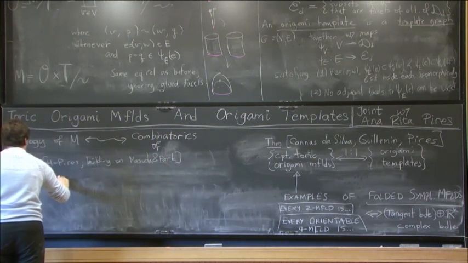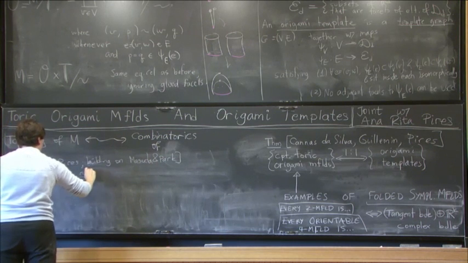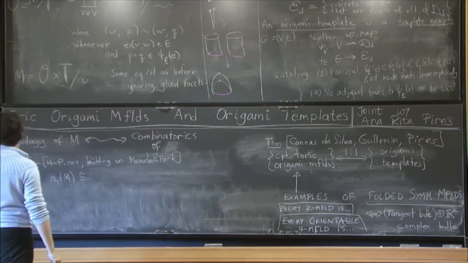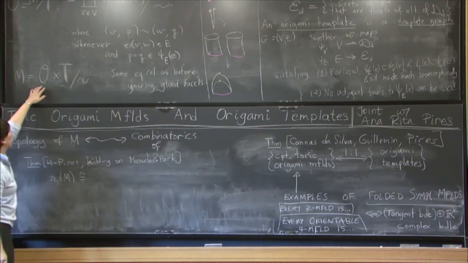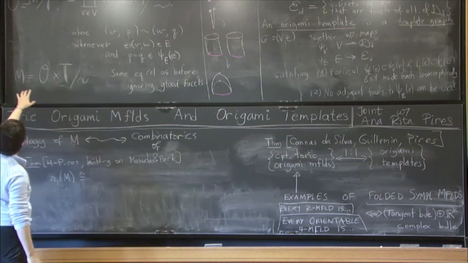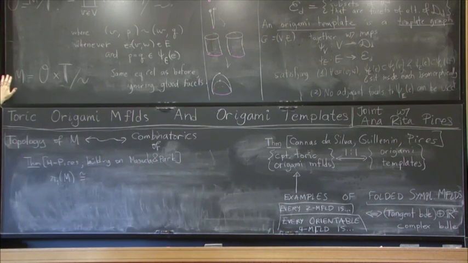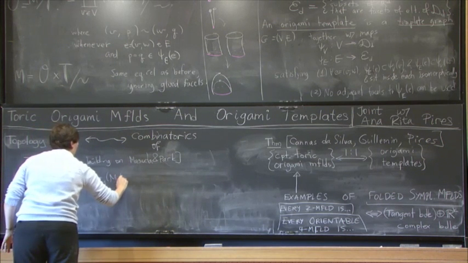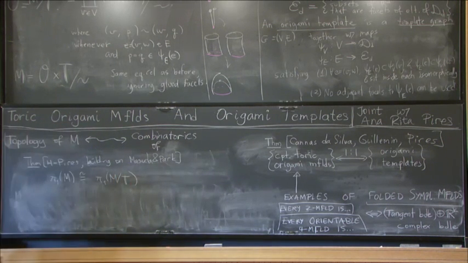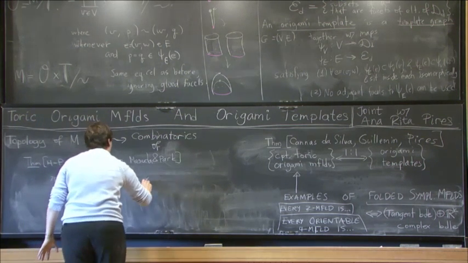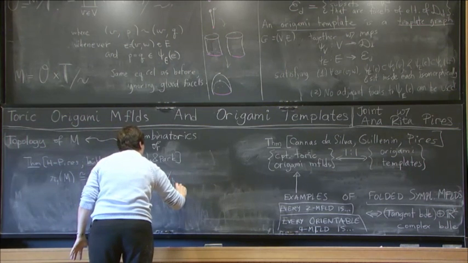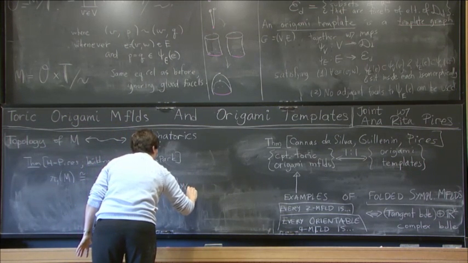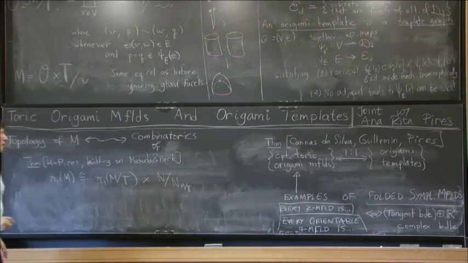So pi1 of this manifold is isomorphic to, well, first of all, we're taking the origami template cross the torus modulo something, and so you sort of expect any cycles in the origami template to still contribute to the fundamental group. So that's true. The fundamental group of M is isomorphic to the fundamental group of the orbit space, cross, you have to add a little lattice correction.